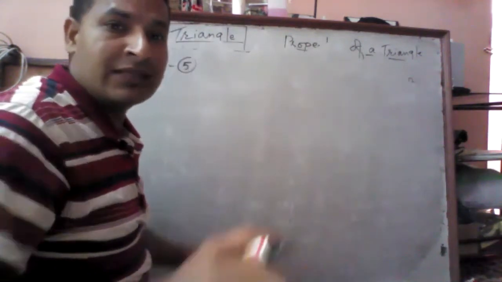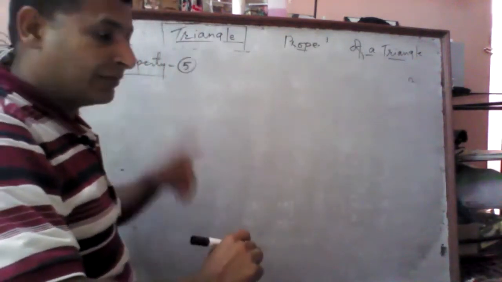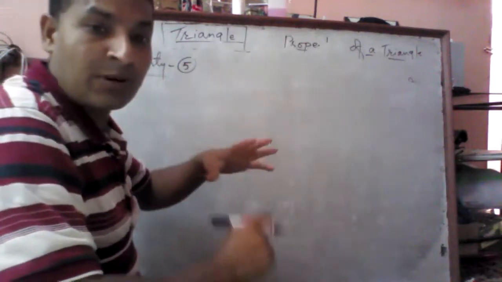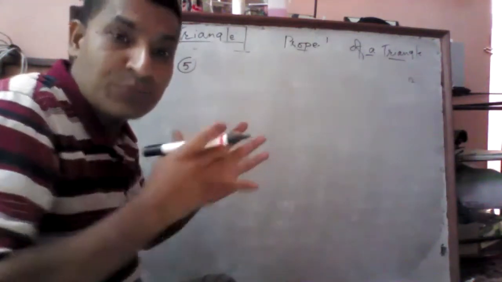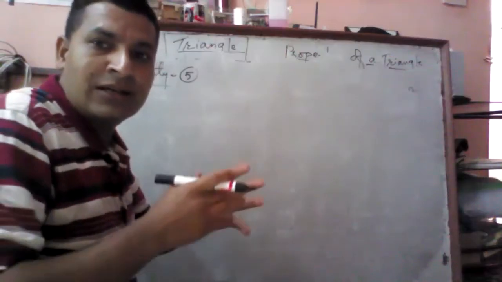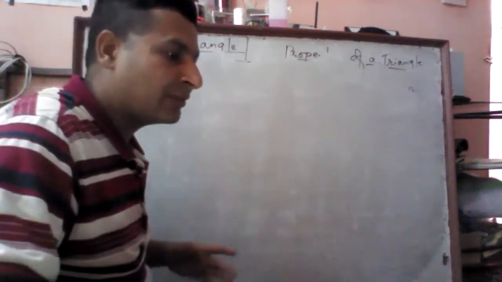Okay, everybody will see about property number 5. In the same triangle, we are talking about the properties of a triangle. In a triangle, what kind of properties are found, that we are going to learn. We are discussing the same, okay?